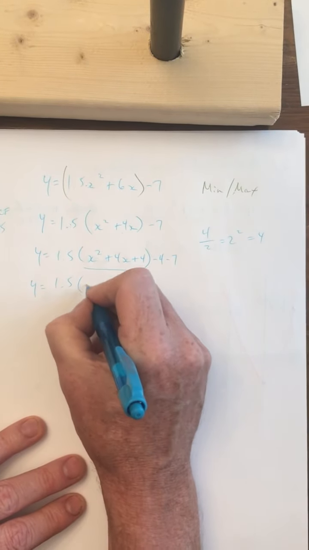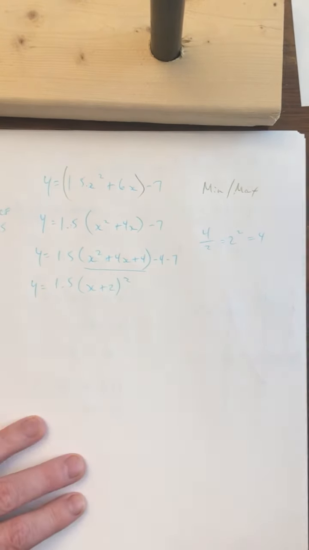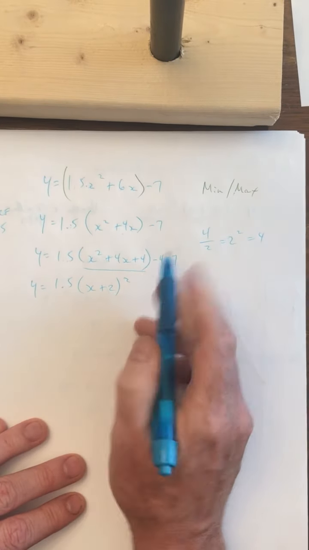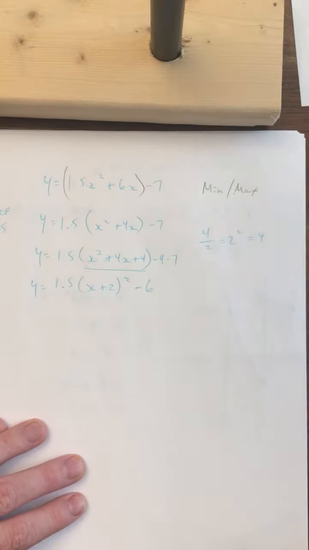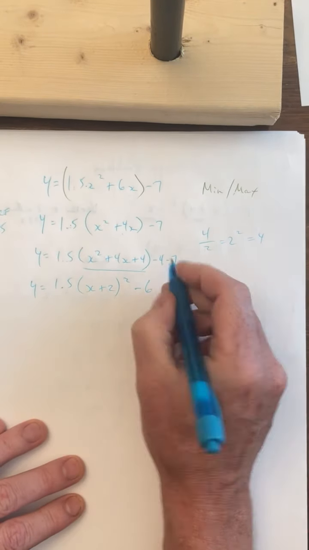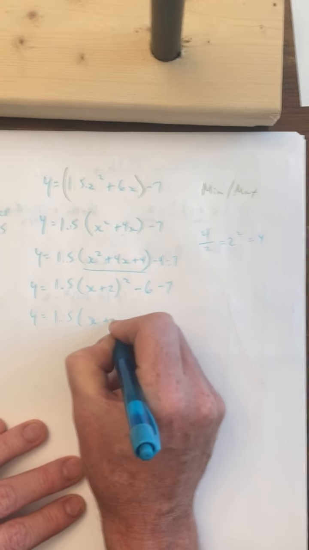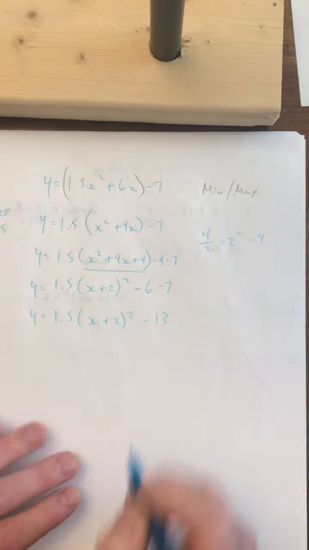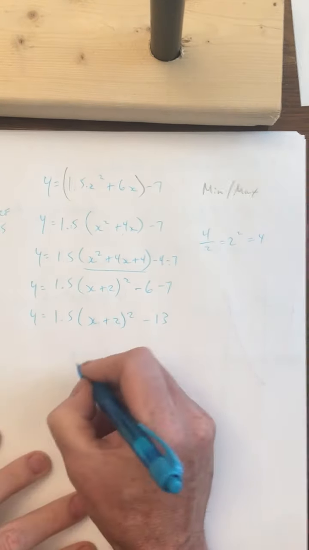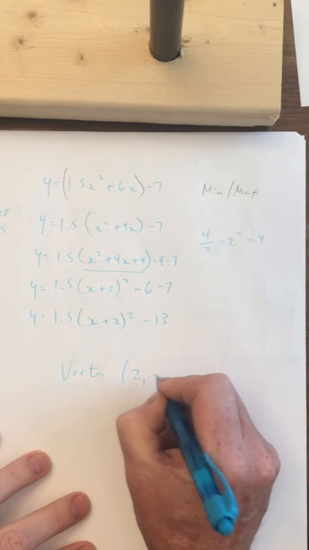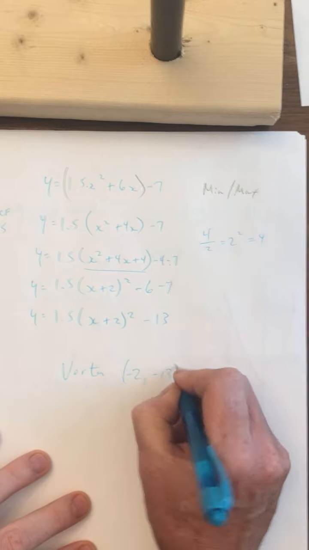Perfect square trinomial, (x plus 2) squared when factored. 1.5 times -4 is -6. Carry down the -7. Simplify, we get this. So our vertex is at -2, -13.